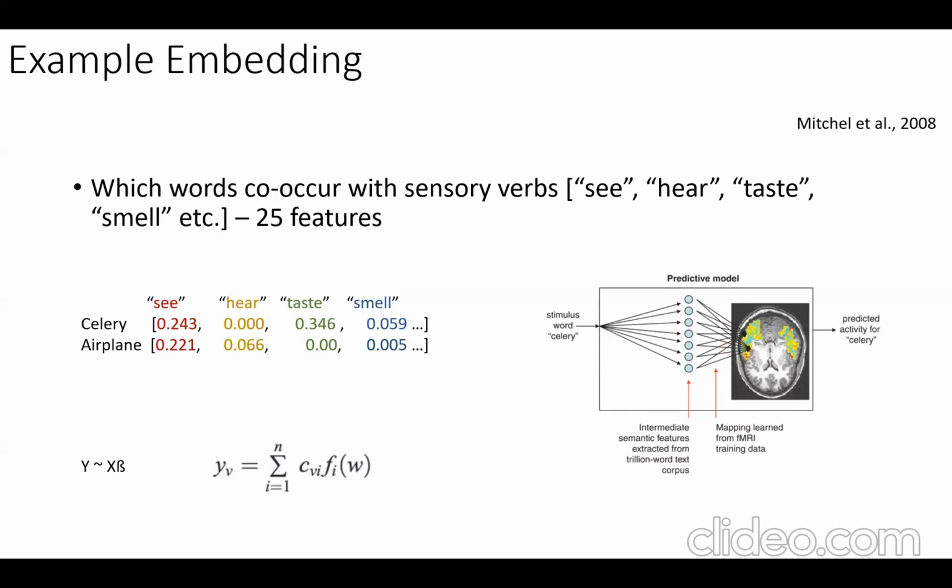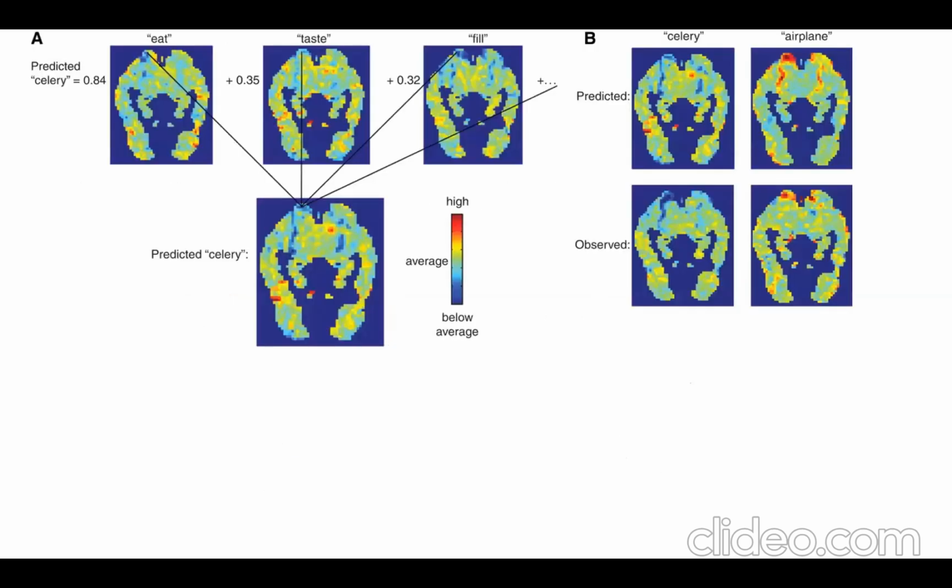So they did that, and this is how that might look. For example, if you're trying to predict the word celery, we say that we have some beta value. This is what the encoding model estimates. What we have is the embedding of eat, house, and field. These are among the 25 features.